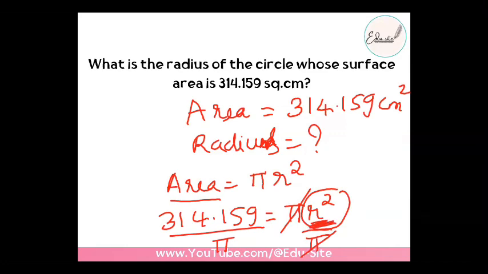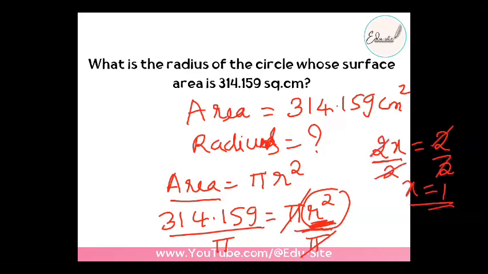We divide by pi on both sides, right? For example, if I have the equation 2x is equal to 2, to remove this 2, what would you do? Divide both sides by 2, right? Yes, 2 cancels out, 2 cancels out, so x becomes 1. Is it not a linear equation?